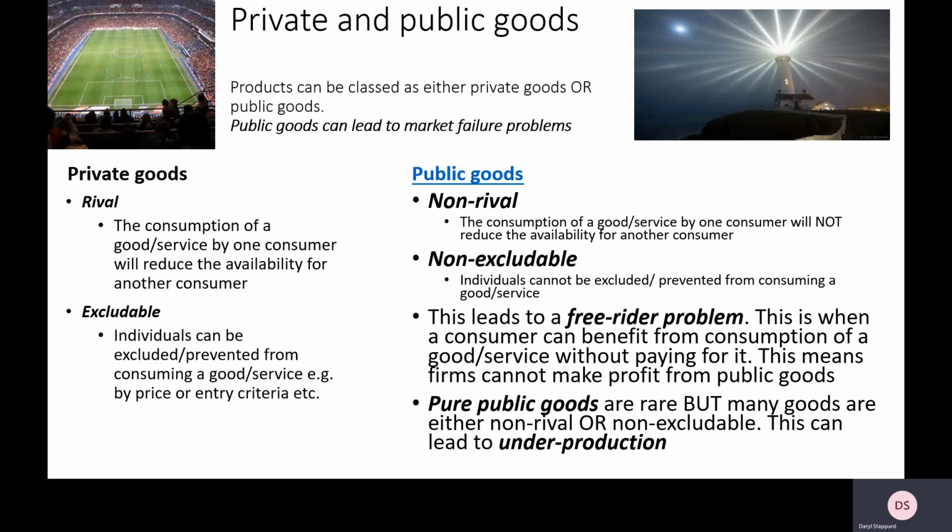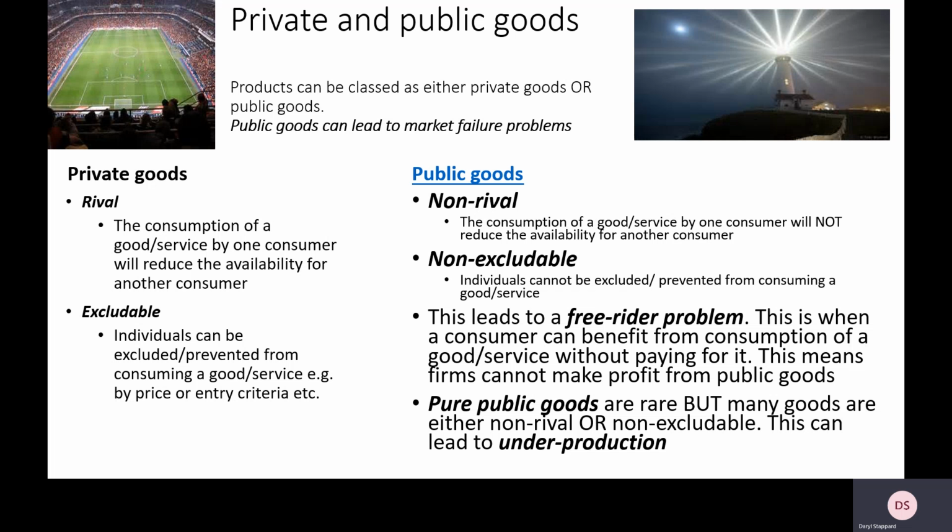There's a limited capacity inside a football ground, which means if somebody takes up a seat, there are fewer seats available for somebody else to benefit from. A football stadium is also excludable. If you don't pay the ticket price to get inside that stadium, then you will be excluded from benefiting from that football game. Private goods, in other words products that are both rival and excludable, will be provided in a free market economy.